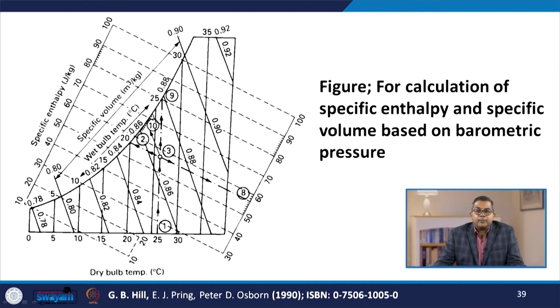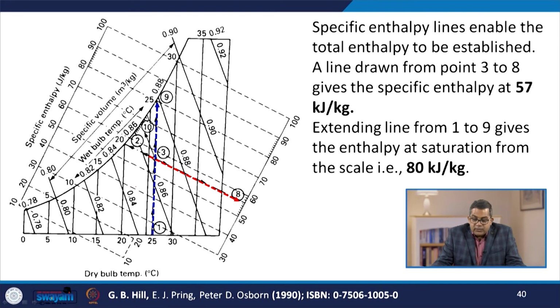and there is no change in enthalpy. Now, here you see the calculation of specific enthalpy and specific volume based on the barometric pressure. So it is a complex structure with respect to the dry bulb temperature, and specific enthalpy is given. Now, specific enthalpy lines enable the total enthalpy to be established. If we draw a line from point number 3 to 8 like this, this gives the specific enthalpy, that is 57 kilojoule per kilogram.